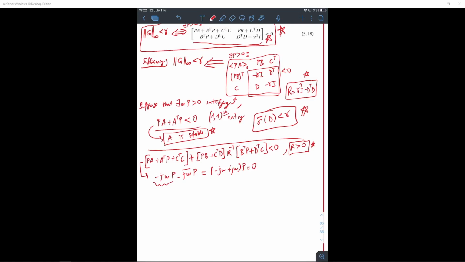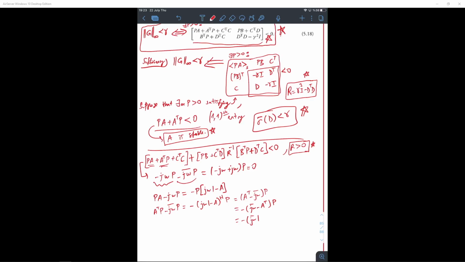So let's add this to PA. Okay, PA minus j omega P equals minus P times j omega identity minus A, and let's do A transpose P. Let's add this here, minus j omega conjugate P equals minus j omega identity minus A Hermitian times P. A transpose P minus j omega conjugate P, minus j omega conjugate identity.